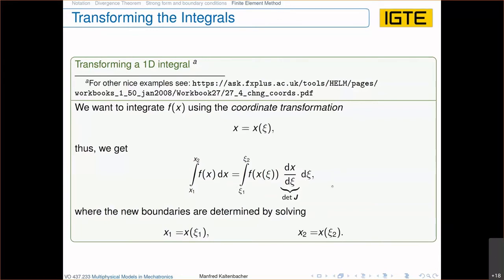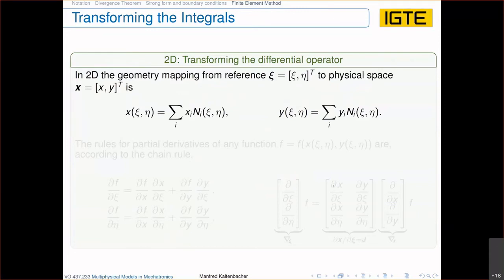Okay, so now if we go to the 2D case, we already had this relation when we were doing the mapping of the elements. So we have exactly this equation here, that the global coordinate x can be expressed by its value at the nodes, and this shape function being a function of psi and eta.